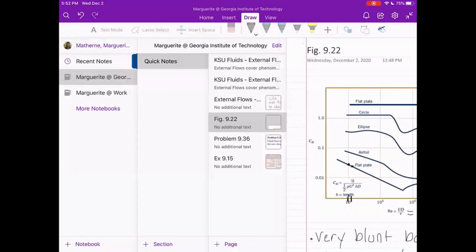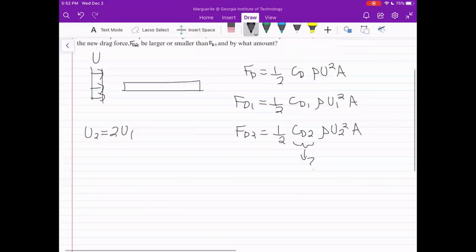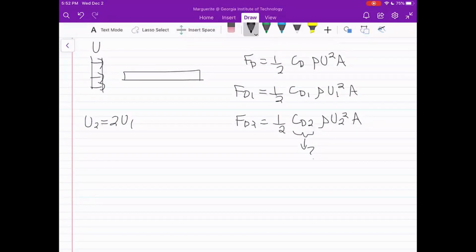Okay, go back here. So now we know that CD1 equals CD2, so we can just plug that in and solve.